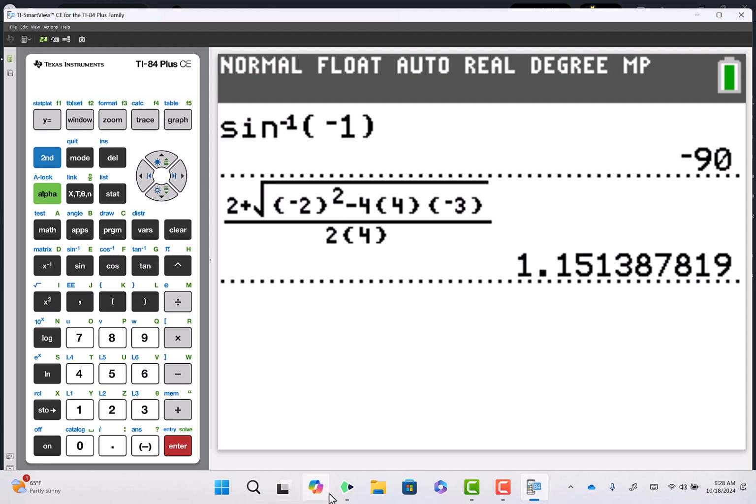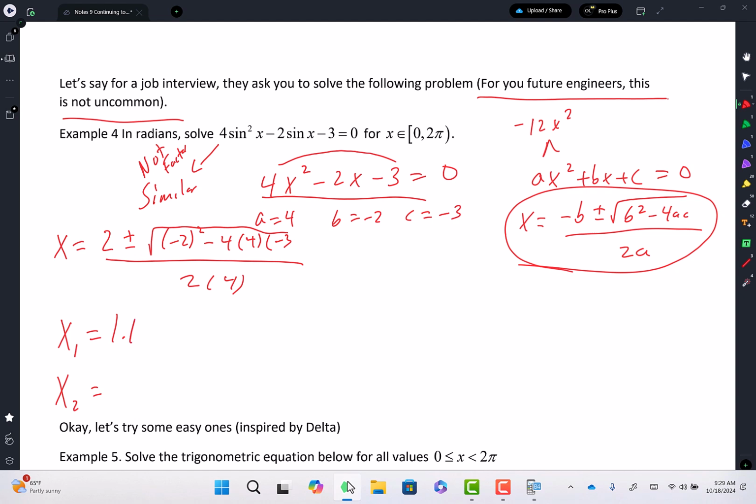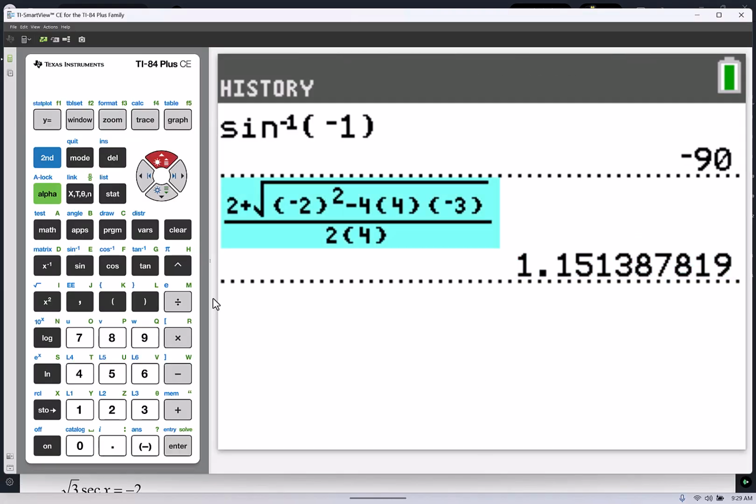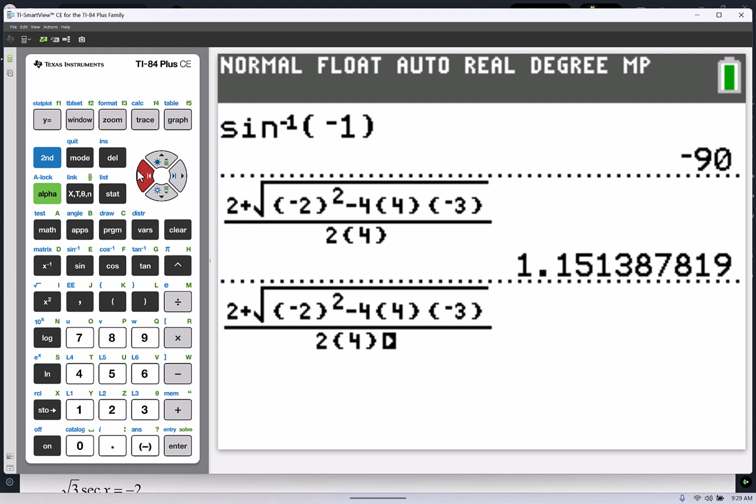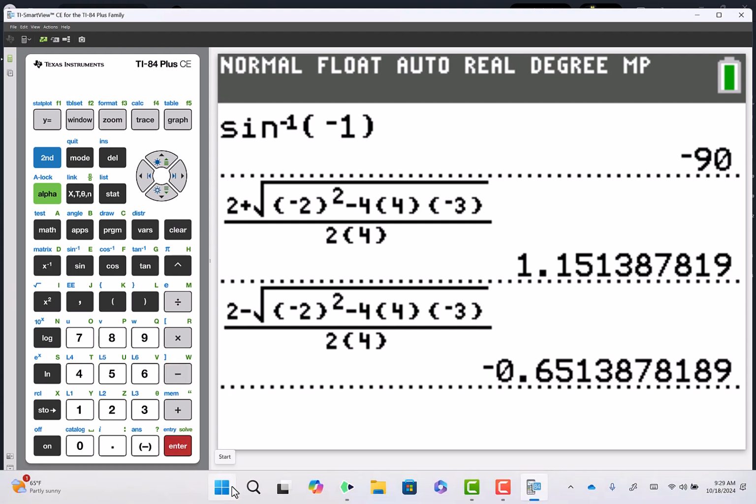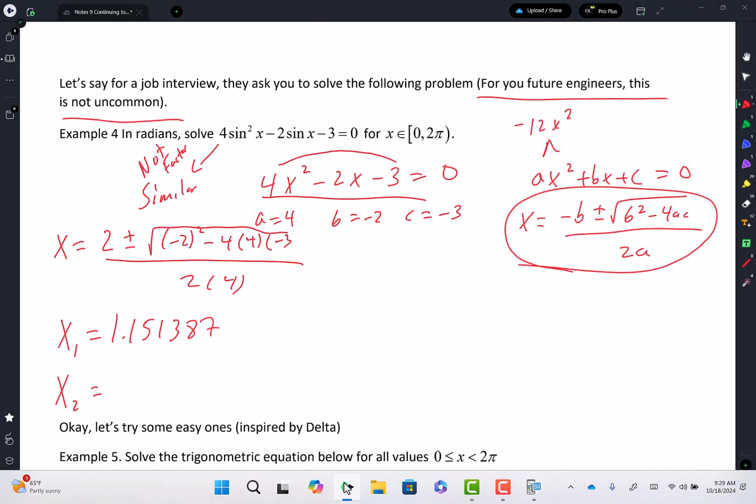And there's one answer: 1.151387. Okay, and then I'm going to go back, and instead of the plus, I'm going to use minus. So you don't have to type it again, guys. You just change a plus to a minus, and voila. Negative 0.651387. All right, perfect.